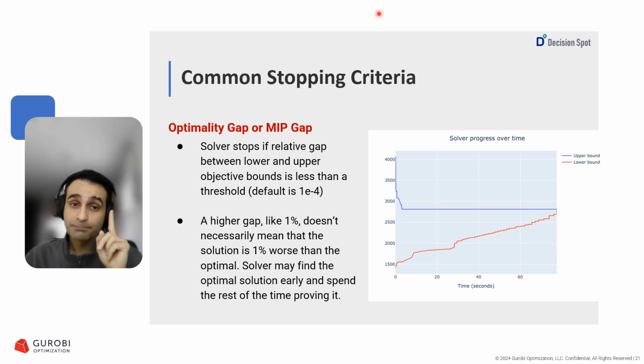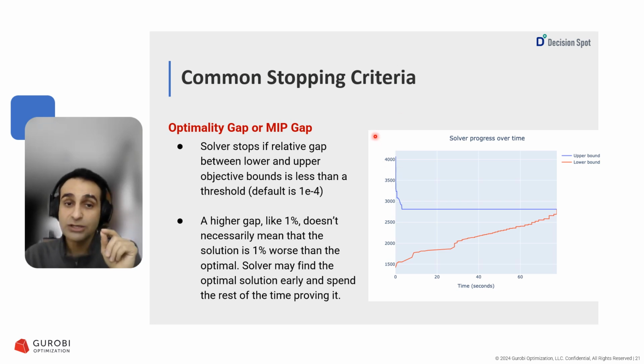So here's the thing. There is a common misconception that if we set a higher MIP gap value, for example, like 1%, that means the solution is exactly 1% worse than the optimal. But that's not necessarily true. Often, the solver finds the optimal solution early on, but spends the remaining time proving that it's indeed optimal.